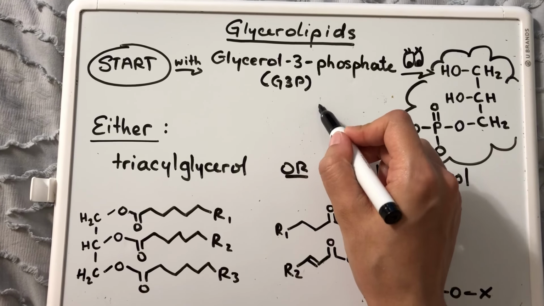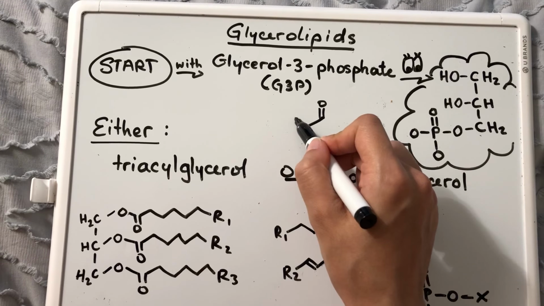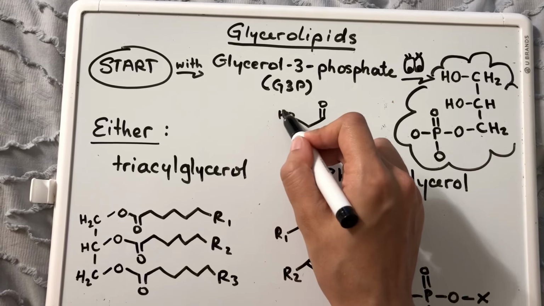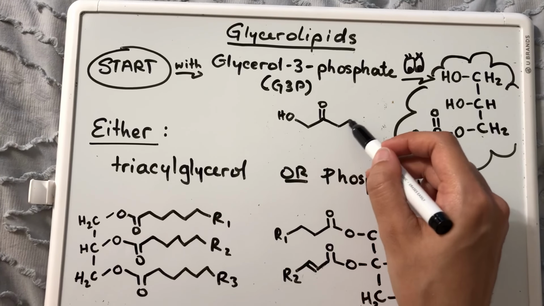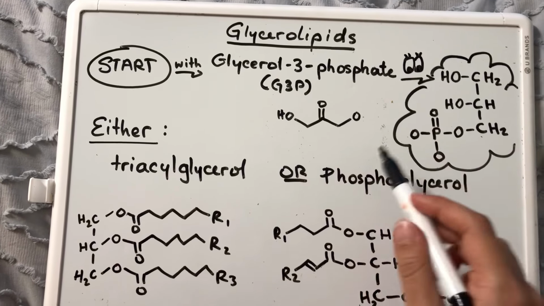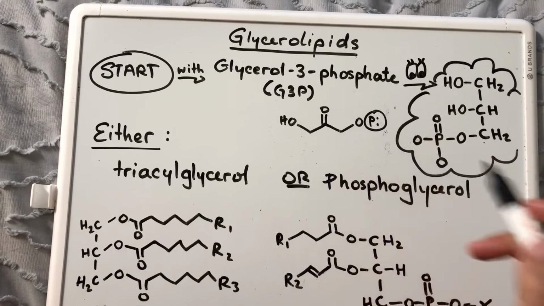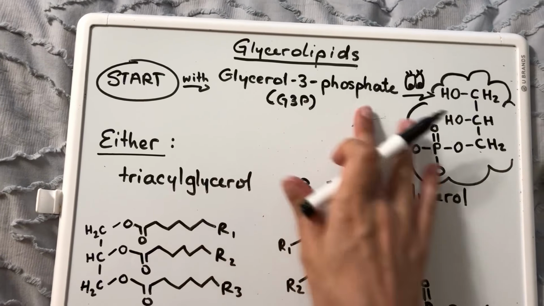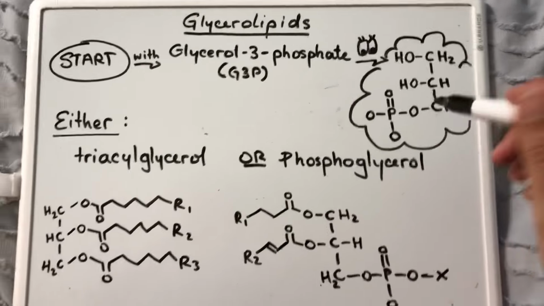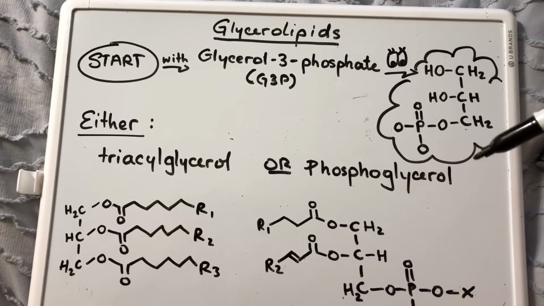So it has this hydroxy and then this phosphate group there. So that participates in a redox reaction resulting in G3P.